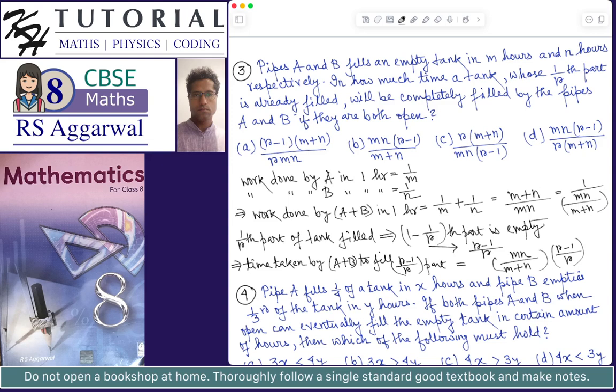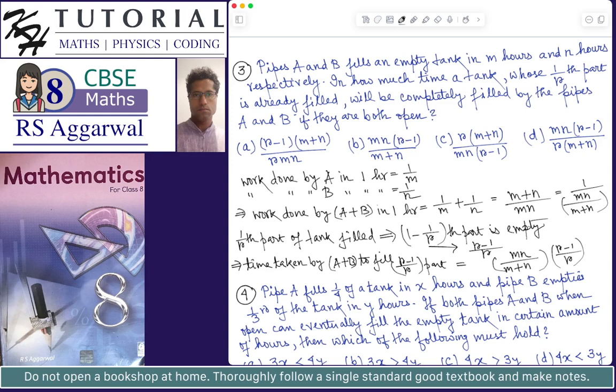This means that the whole tank will be filled by A plus B in mn divided by m plus n. So if the time taken to fill the whole tank is n hours, then the time taken to fill some 1 by rth part will be 1 by r multiplied by n. So that is the formula I have applied.